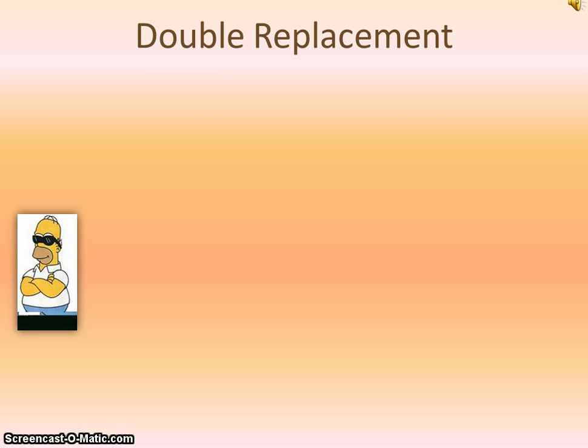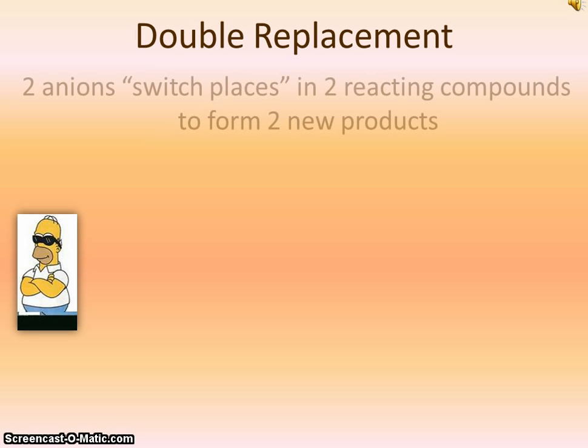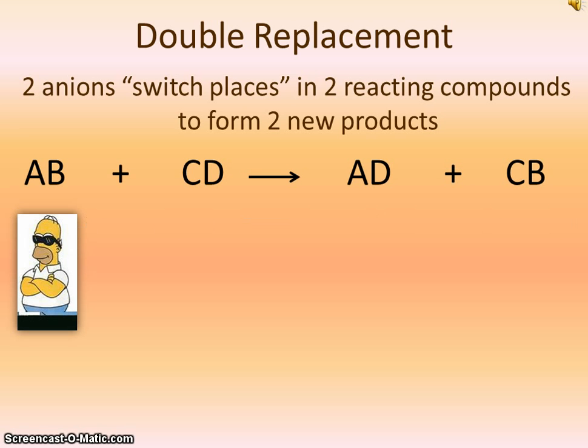Double replacement. In this reaction type, two anions switch places between two reacting compounds to form two new products. A summary of this is as follows. Compound AB will react with compound CD to yield AD plus CB.